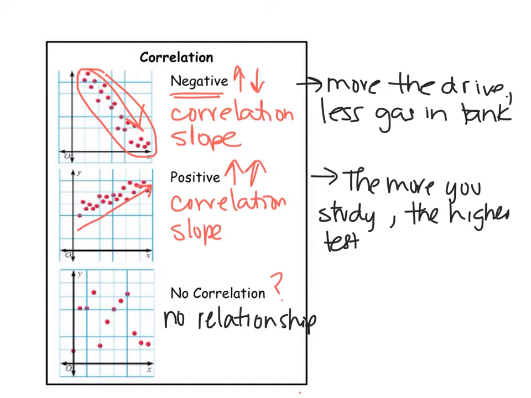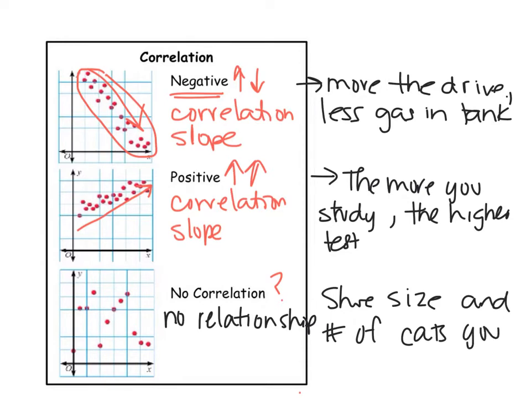And no correlation would be, say, your shoe size and the number of cats you own. That's data that would have no correlation or no relationship.